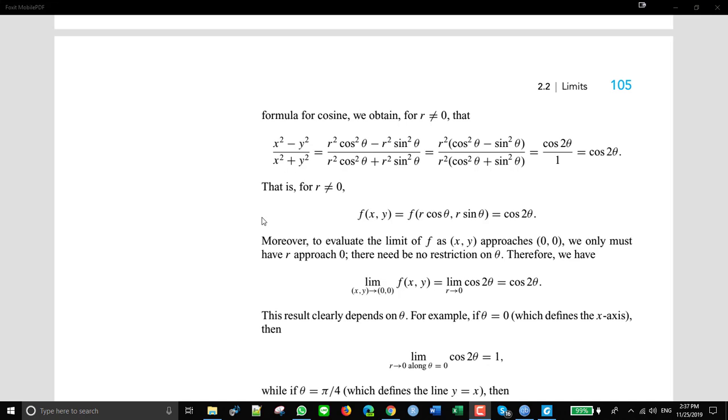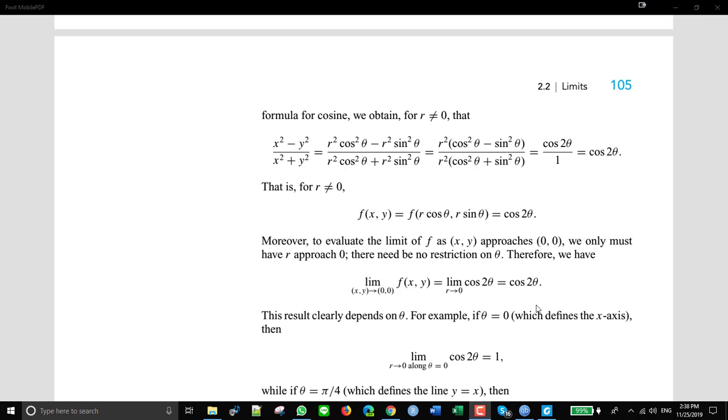So when we do that, we want (x, y) going to (0, 0) of this function, which means r is going to 0 of this function, and this function doesn't have r in it. So with respect to r, this is unchanged. When r changes, this does not change. So it's just equal to cosine 2 theta. So the answer is cosine 2 theta.